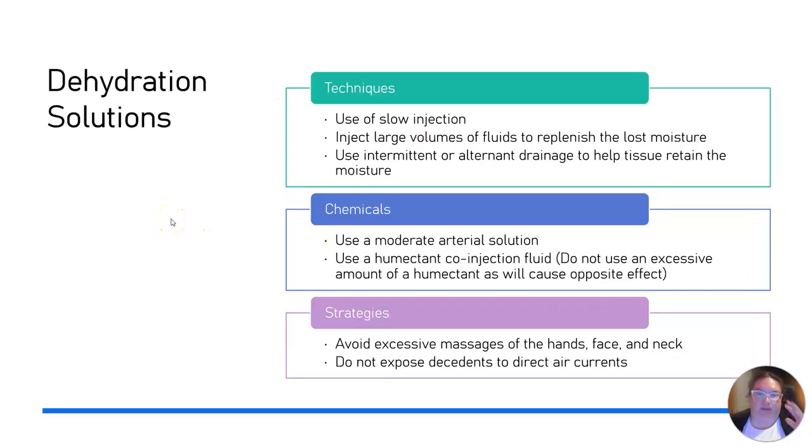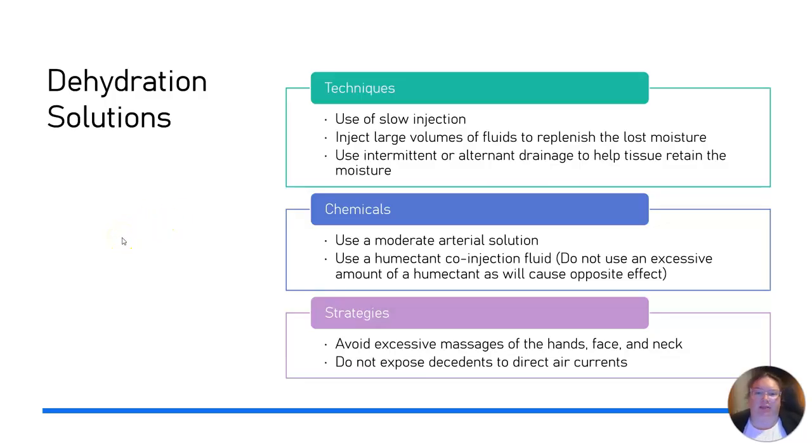So a couple of things I would use, starting with techniques. Use a slow injection. Make sure you inject large volumes of fluid to replenish that lost moisture. Use intermittent or alternate drainage to help the tissue retain the moisture.